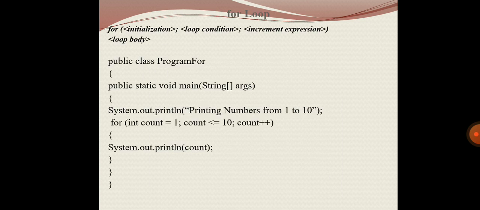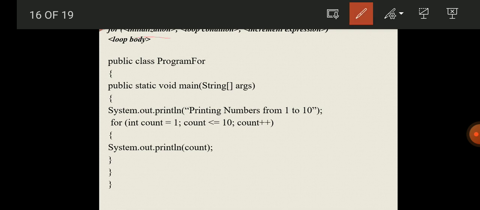Next is the for loop statement. The for loop construct executes a set of statements for a specified number of times. In the syntax we have initialization, loop condition, increment expression, then the loop body. The initialization statement executes once before the loop begins, and it can also be a comma separated list of expression statements.